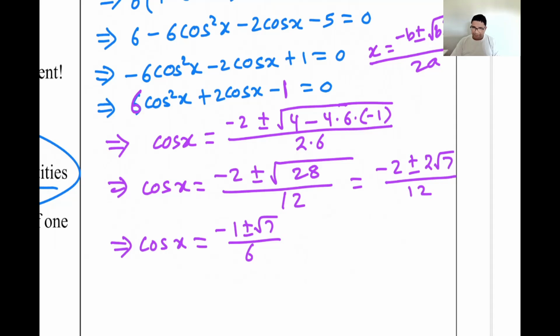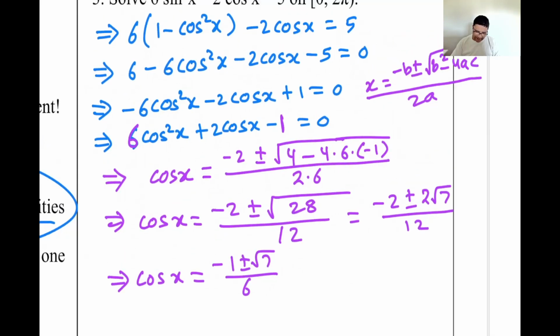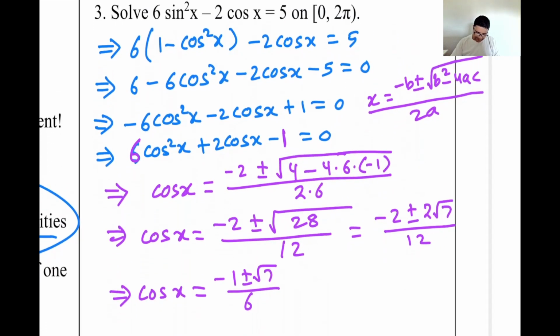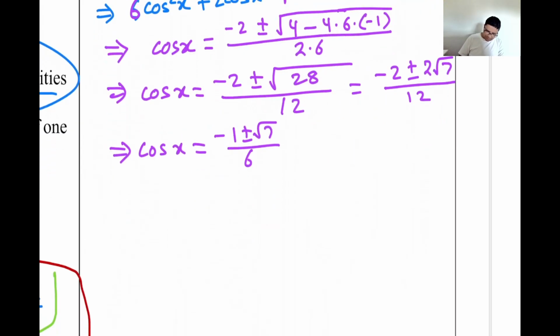Okay. Now clearly these are not standard angles, right? So that means we have to write solutions using the non-standard method. What are going to be my two different cos x values here?